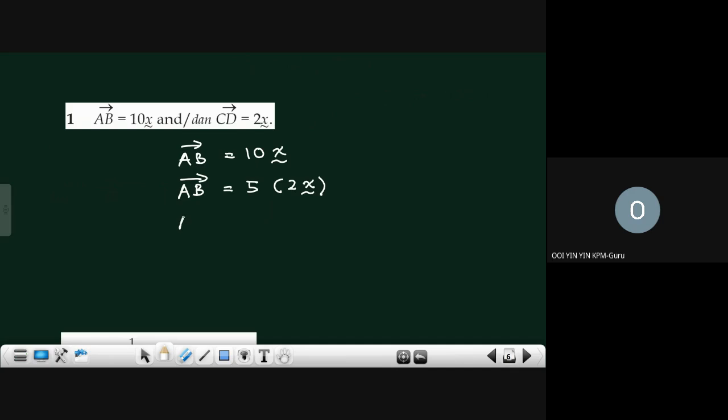So now AB equals 5, which remains, and this 2x we don't write anymore; we substitute it with CD. Don't forget the arrow. So AB equals 5CD, which can also be written as U equals KV. Then we can say that vector AB and vector CD are parallel. Done, good.